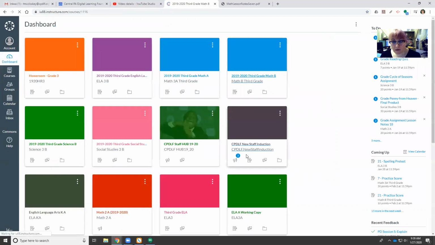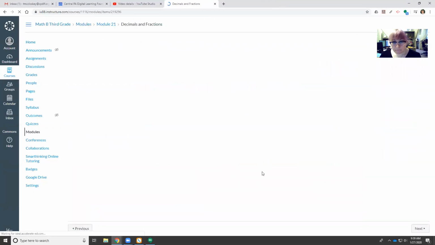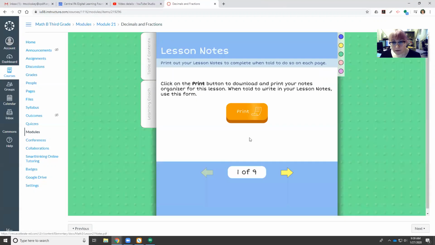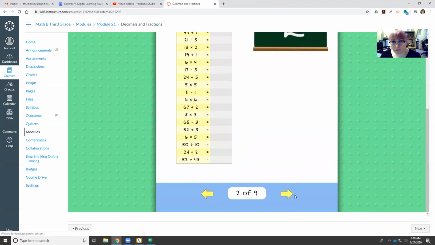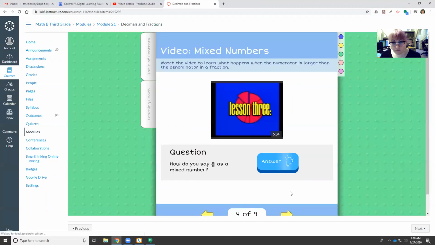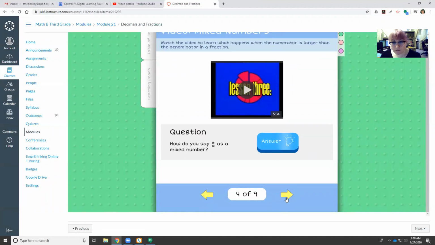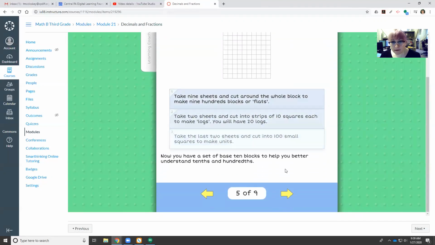Math B. Today you're working on decimals and fractions. So you start out by printing the notes. Then some mental math. And then you're going to practice and self-check. There's a video with a self-check. Going to work on base tens.